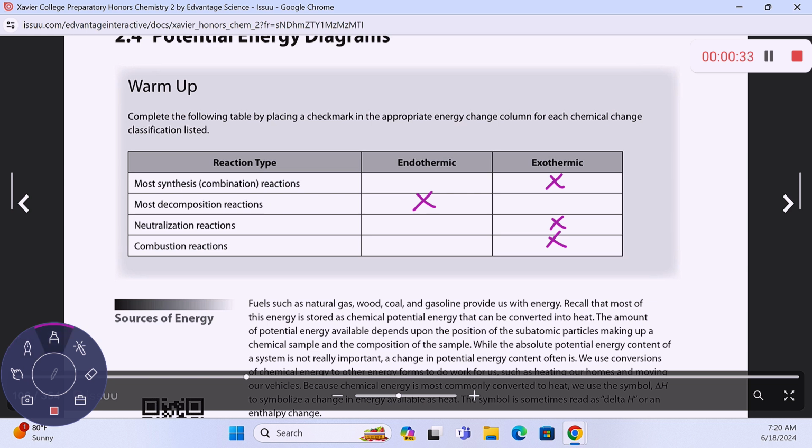So there are different sources of energy. We use things like natural gas and wood, coal, or gasoline. And most of the energy is stored as chemical potential energy, and we convert that energy into heat. The amount of stored chemical potential energy that's available depends upon a couple of things.